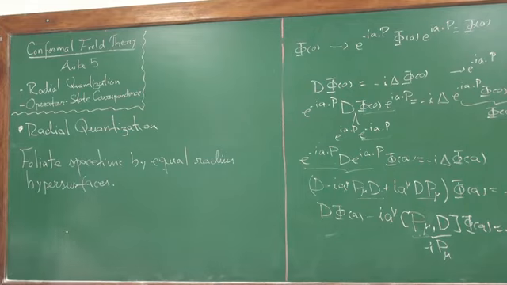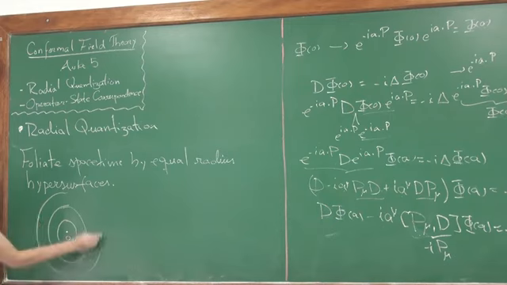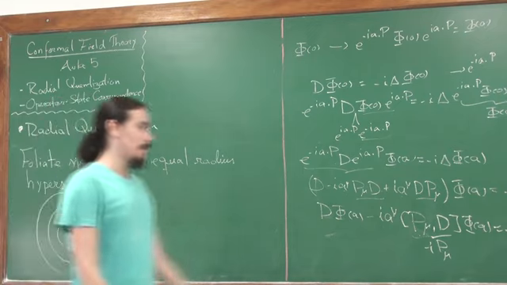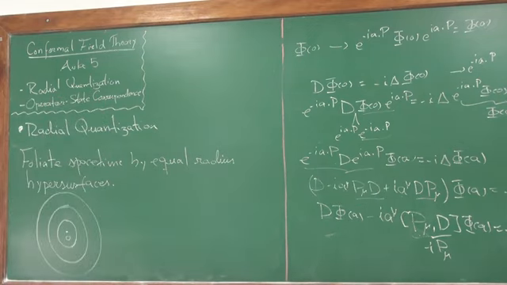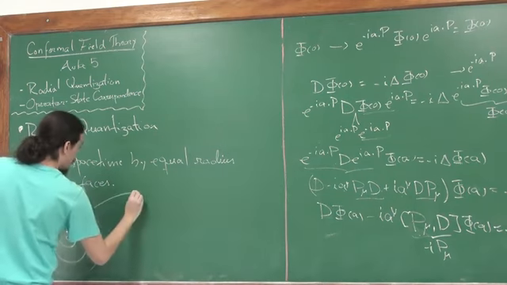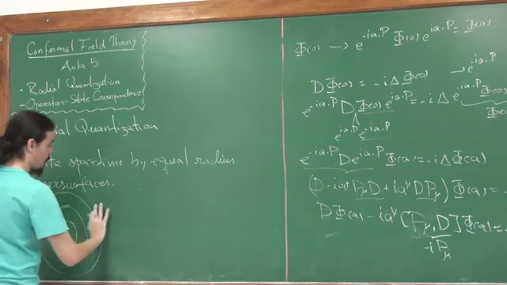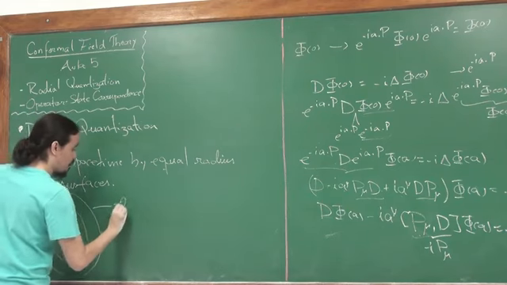We choose one point to be the origin; it can be any point. I pick a point and call it the origin. Then I foliate spacetime into equal radius spheres, and I play the same game. Each of those equal radius spheres is going to have a Hilbert space.